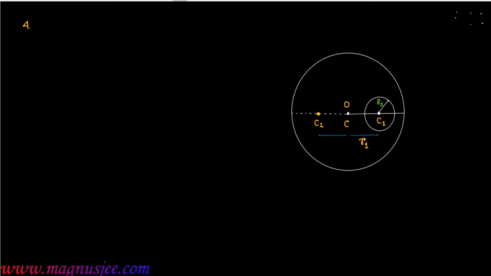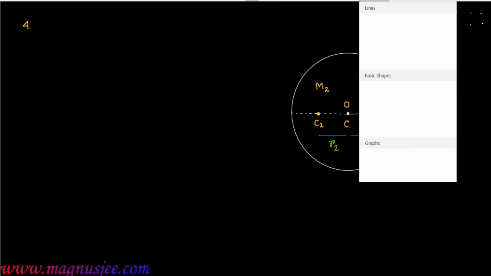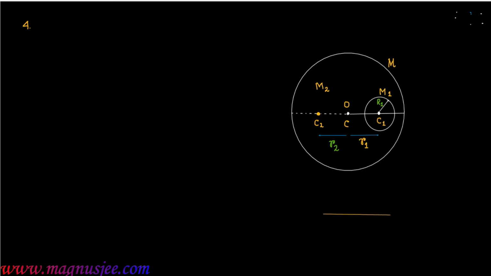M is the mass of the main sphere, m1 is the mass of the small sphere which will be removed, and m2 is the mass of the truncated sphere. m2 is equal to M minus m1.